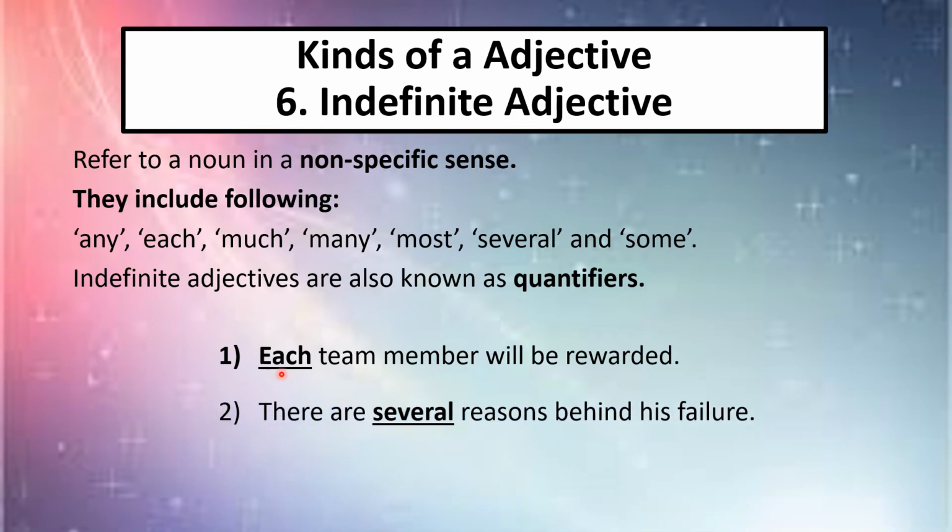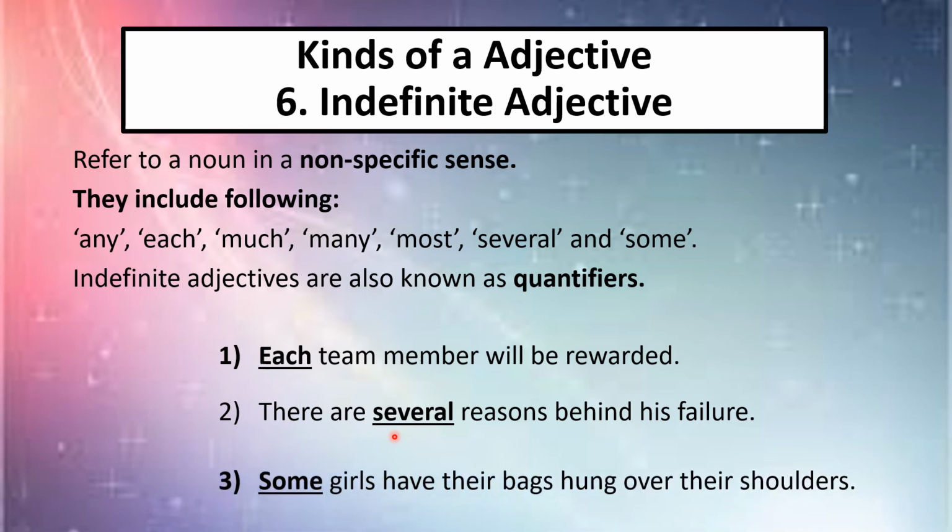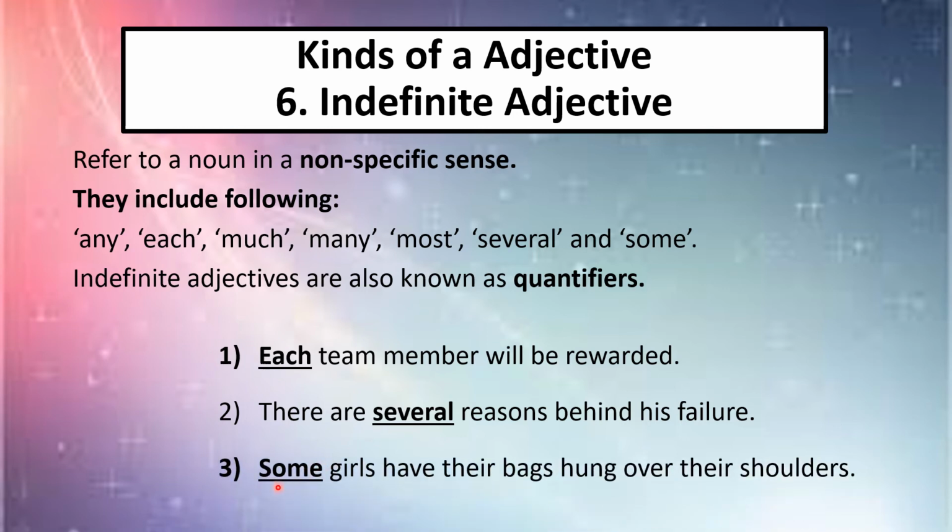See the second example. There are several reasons behind his failure. To tell something more about reasons, which is a noun, you have used indefinite adjective several. See the third example. Some girls have their bags hung over their shoulders.